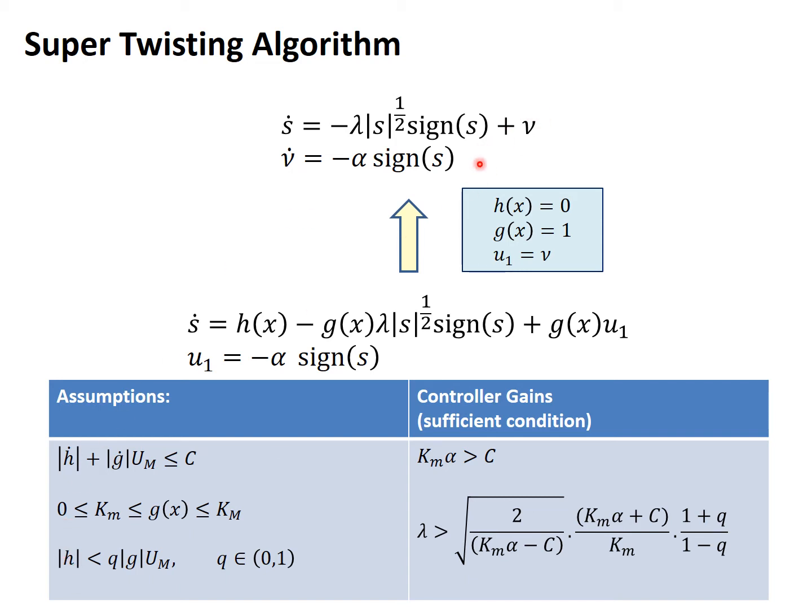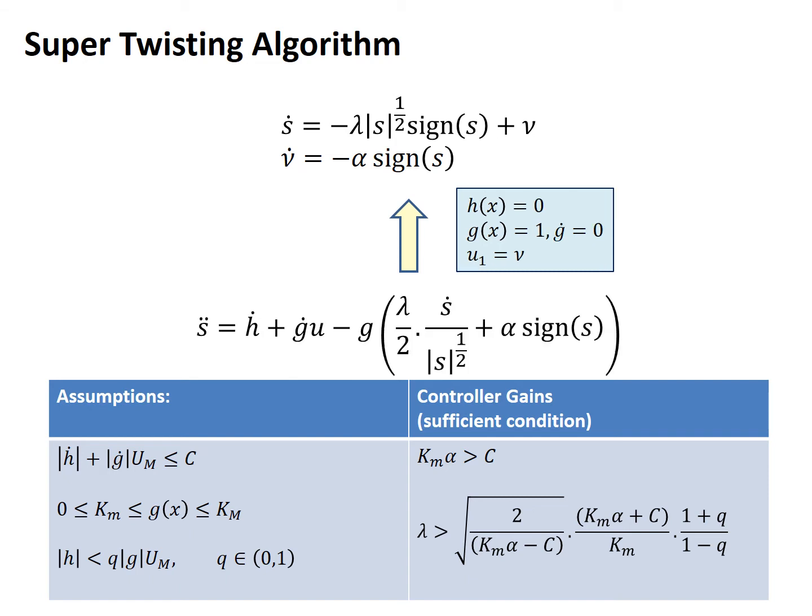However, this is for without uncertainty, no dt is there, but the dt can be there and we will see that. But before that, we also look into this thing where we are considering the other way of representing the super twisting algorithm in S double dot form.